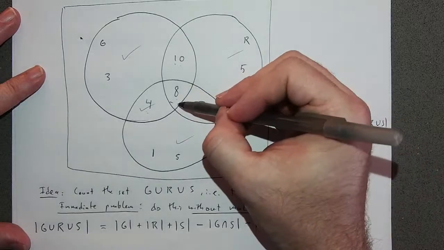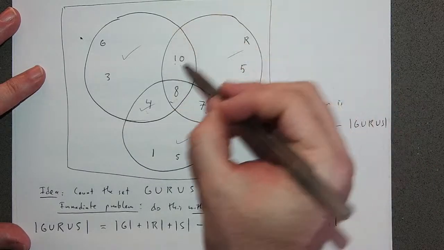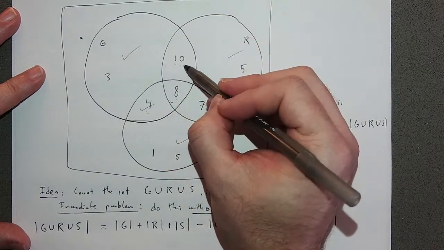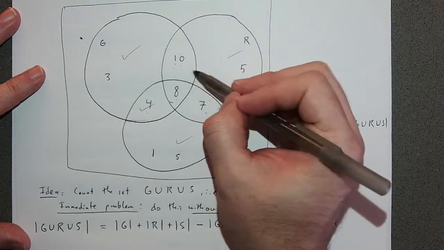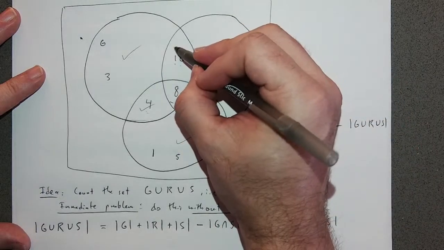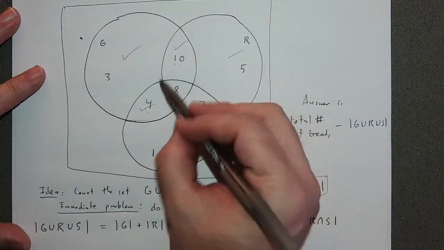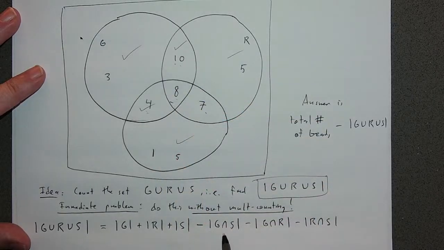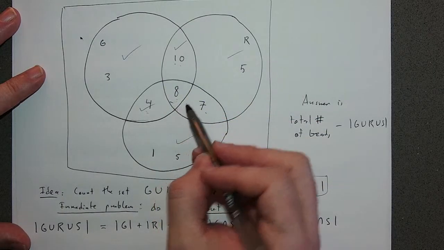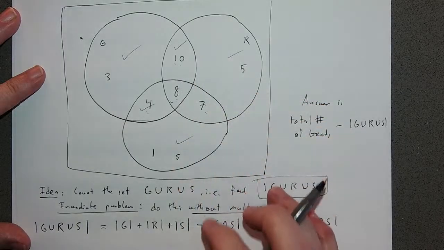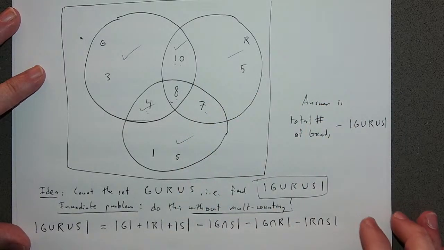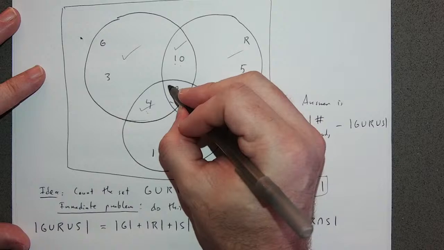That subtracts off this region. This region with the 10 was previously double counted. Getting subtracted off, now it is single counted. We're happy. This was originally triple counted. We subtracted off G intersect S, so now it was just double counted. We have subtracted it off again, so now it is actually single counted. So this is good now.